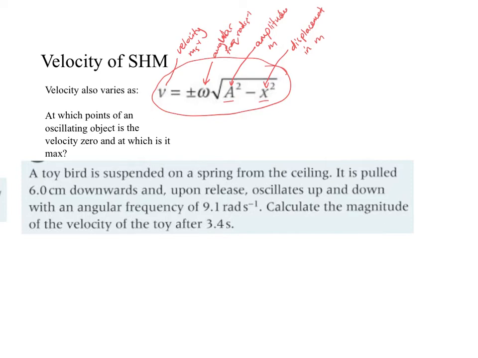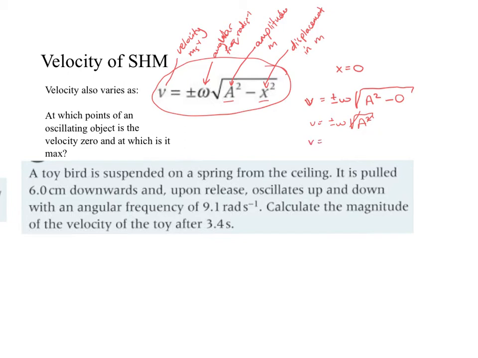And also, you know that if we are at the equilibrium position, so if x is 0, then v is equal to plus or minus omega square root of a squared minus 0. So that's simply v is equal to plus or minus omega square root of a squared, and this can cancel.